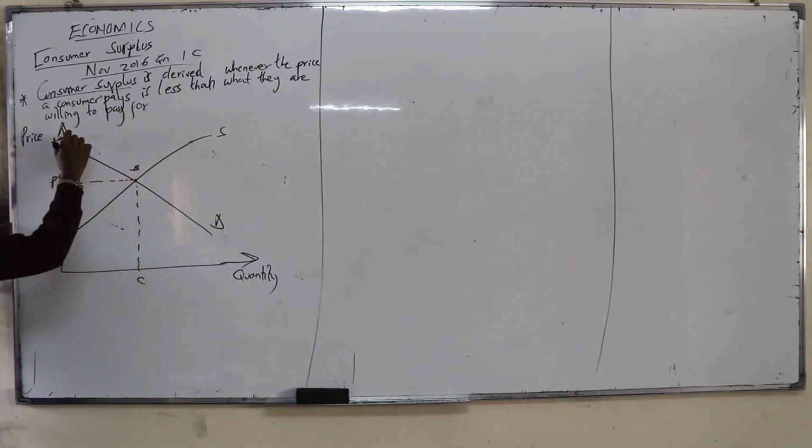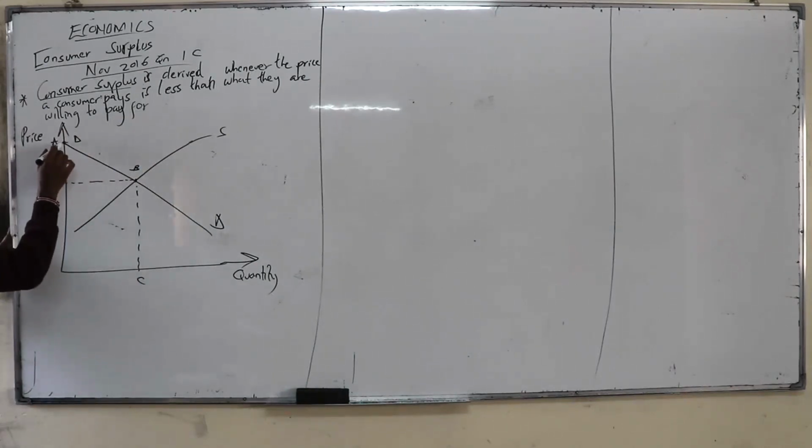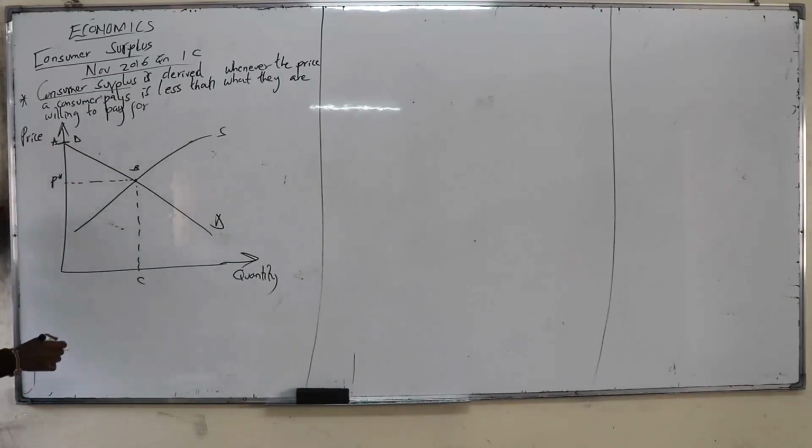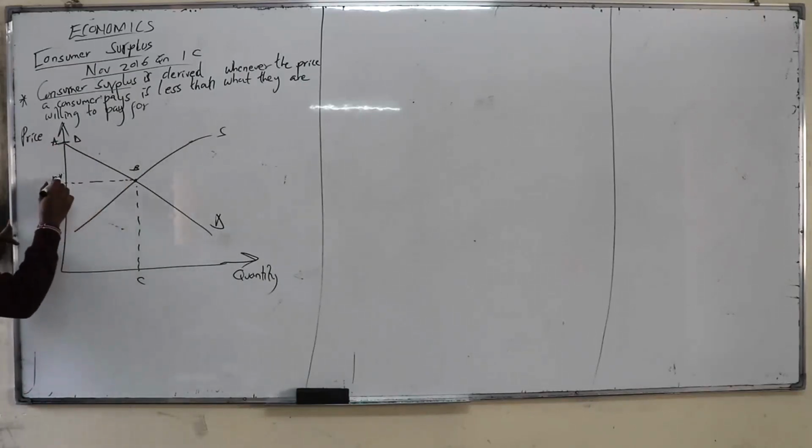The demand for this commodity meant that the consumer was willing to pay at point A, but the equilibrium price is what he is actually paying for the commodity.